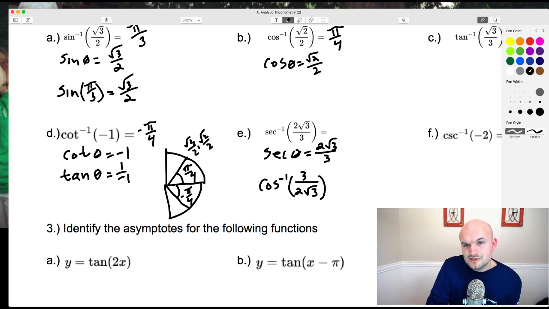Well, now let's do this work over here. If I go ahead and rationalize that, what I get is 3 square root of 3 over 6, which equals square root of 3 over 2.